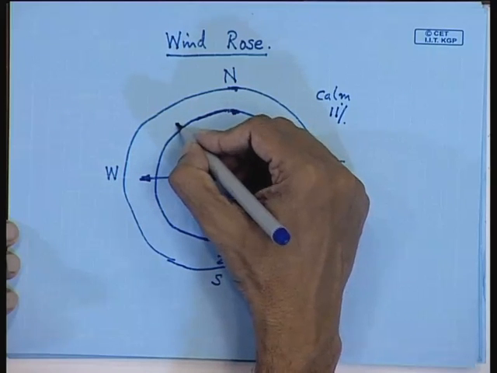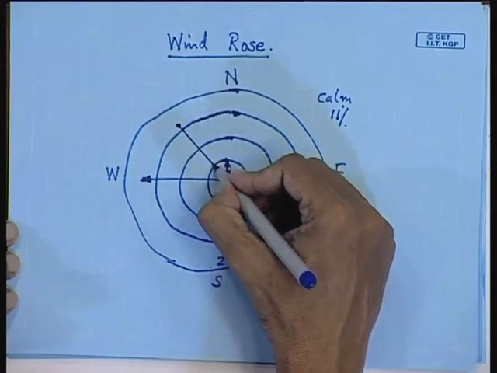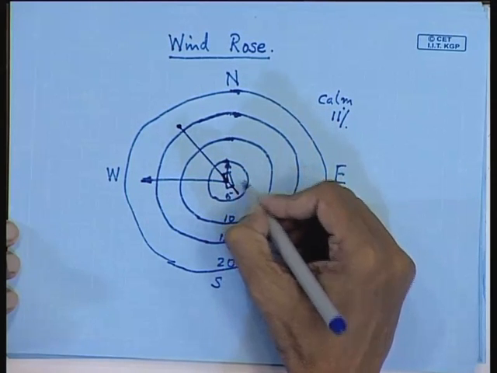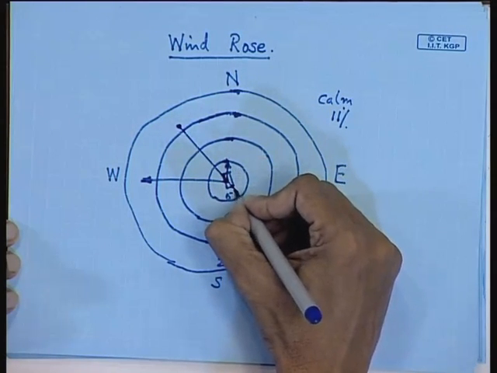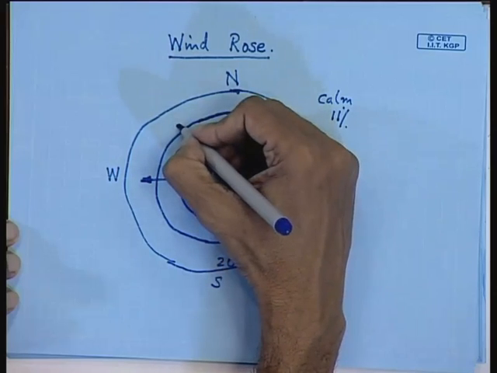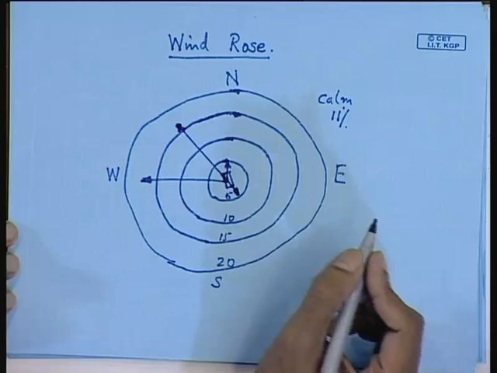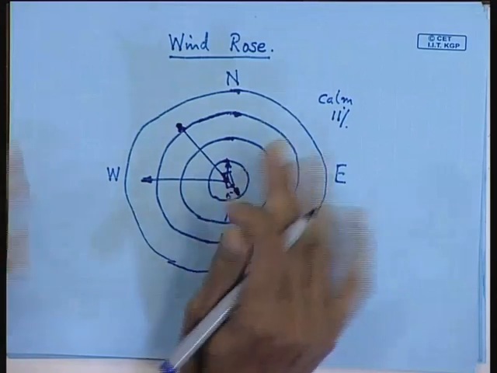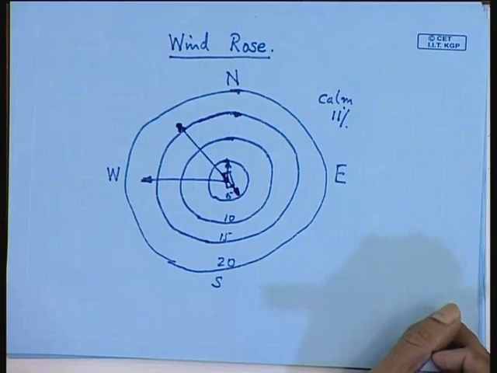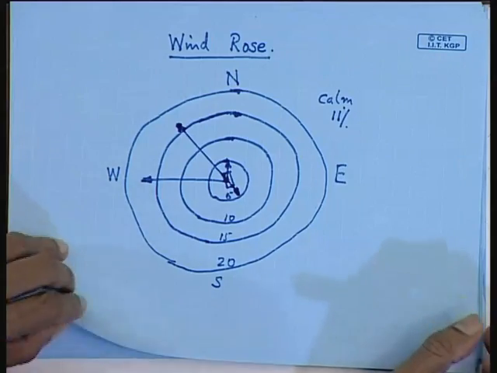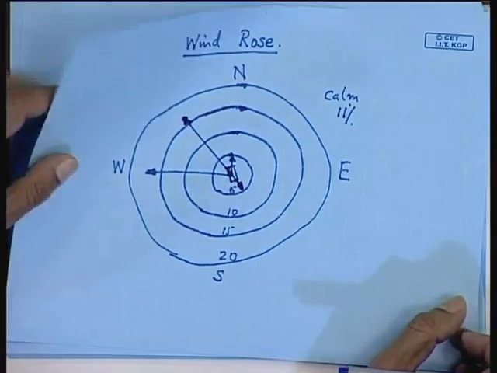But please remember that this does not signify your intensity. The vectors only give you the percentage of time the wind is blowing in a particular direction. Now, after you have done this, you try to locate your spaces.